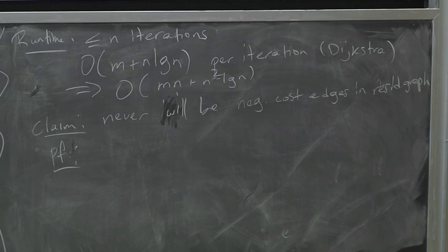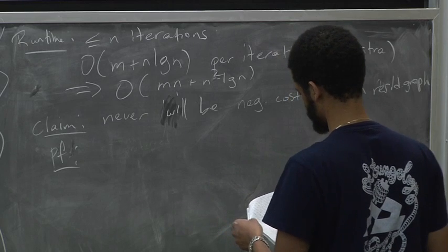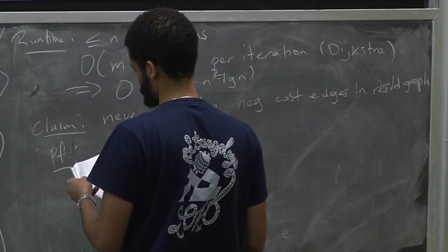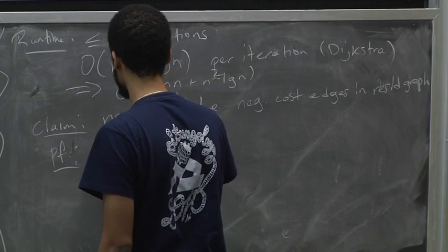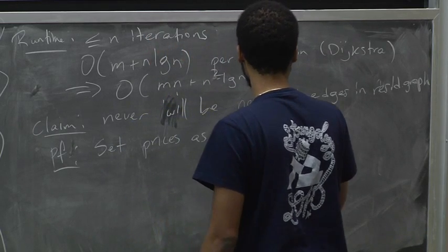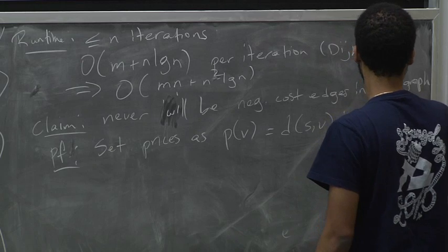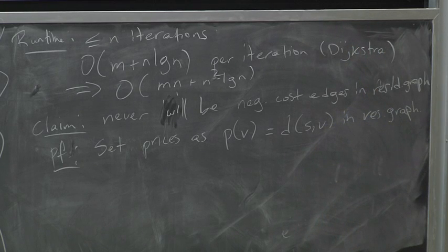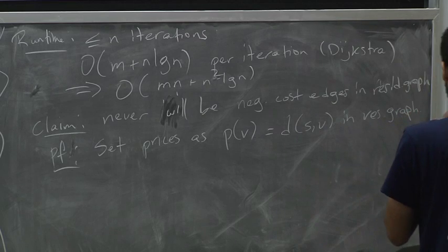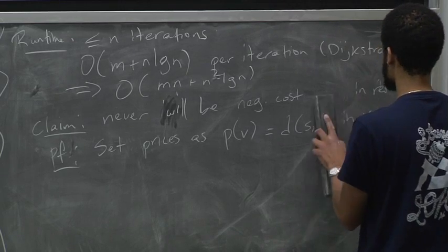So what set prices as p(v) is the shortest path distance from s to v in the residual graph. I should say negative cycles.